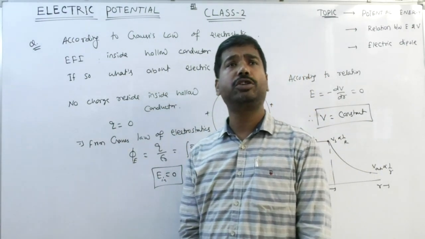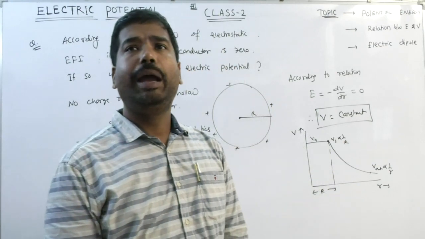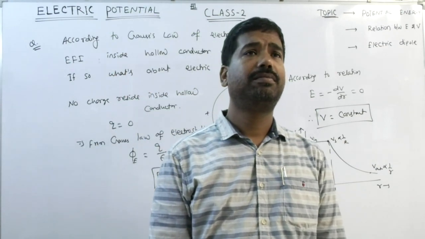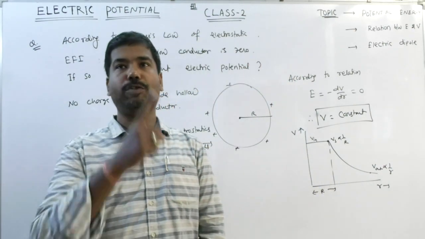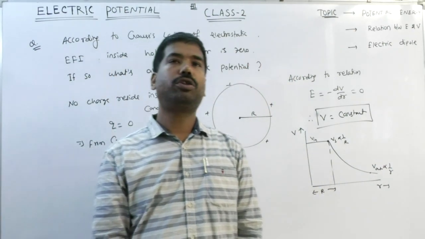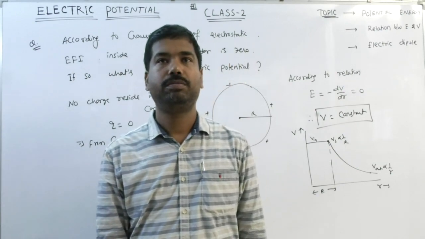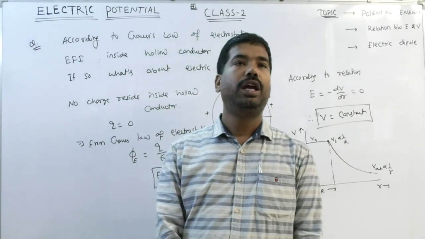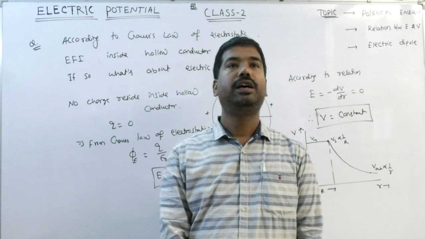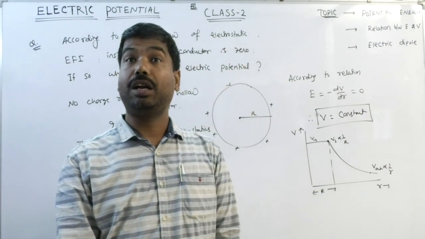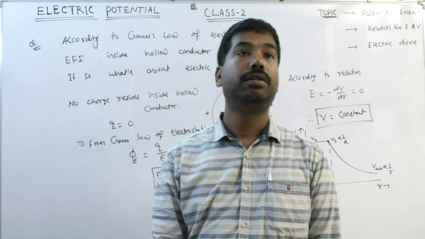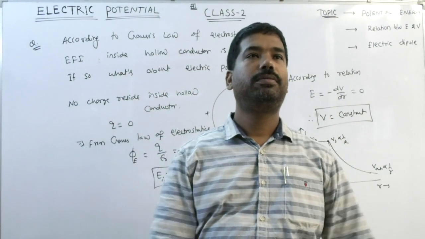In a heavy lightning storm, a man is inside a car. What will he do? Option number 1: he will come out of the car and lie on the road. Option number 2: he will come out of the car and run under the tree. Option number 3: he will come out of the car and lie on the road.